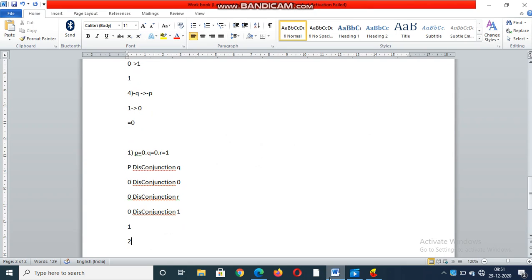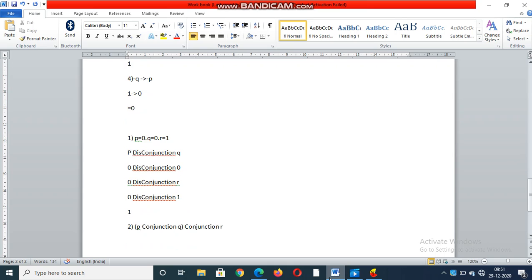Take the second example, P conjunction Q conjunction R. This is your problem. So here P and Q both values are 0. That's why 0 conjunction 0 is 0 only.